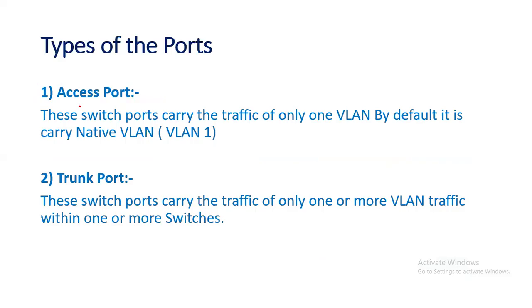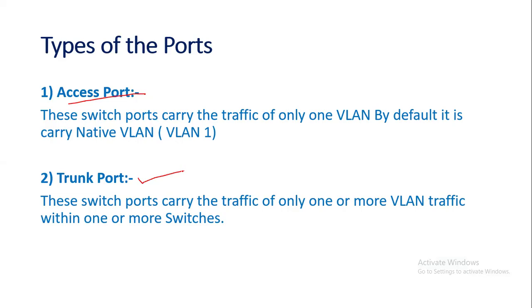The next topic is very, very important while doing VLAN configuration. You need to choose whether it is an access port or a trunk port. Now what is an access port? If the switch port belongs to only one VLAN, then the traffic on that switch port contains only one VLAN.